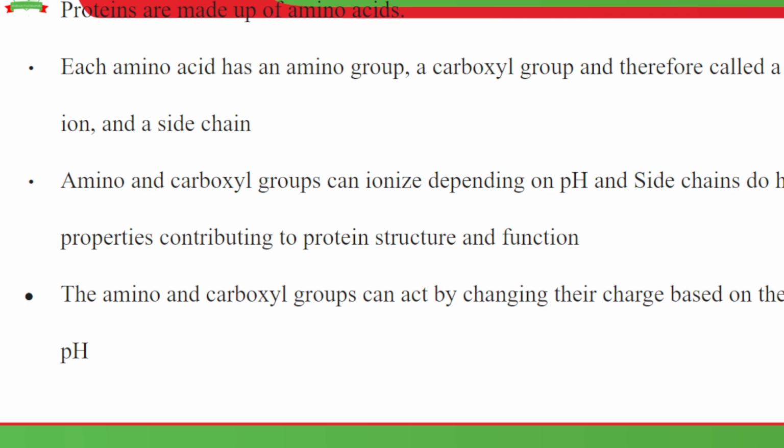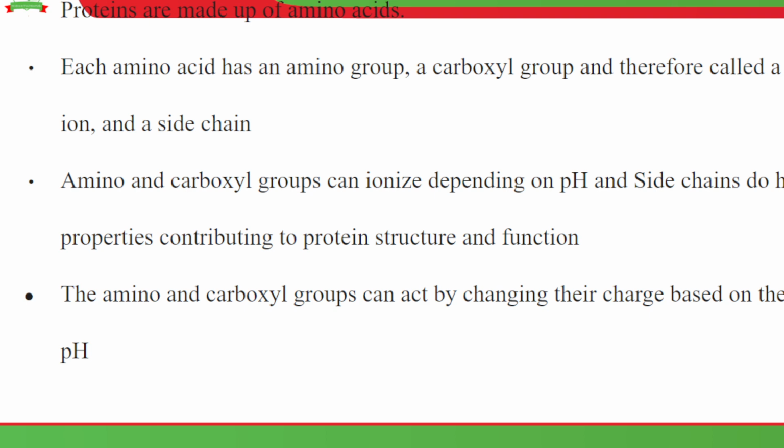So they are all charged. I can ask what a zwitterion is, and then you give a definition of that. The amino and carboxyl groups can ionize depending on the pH, and side chains have diverse properties contributing to protein structure and function.